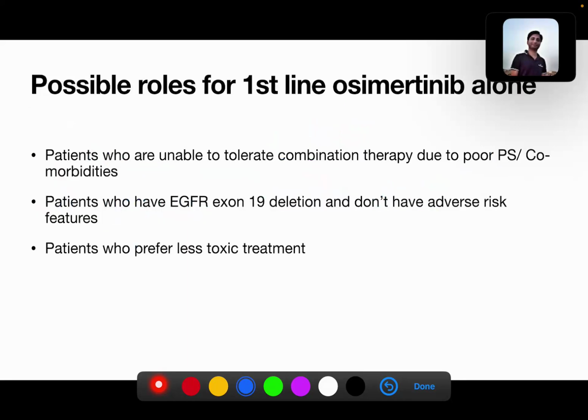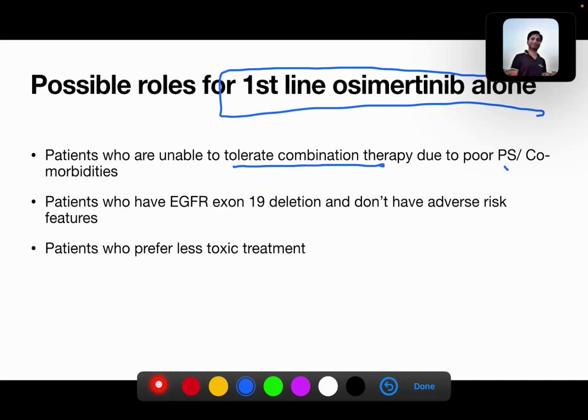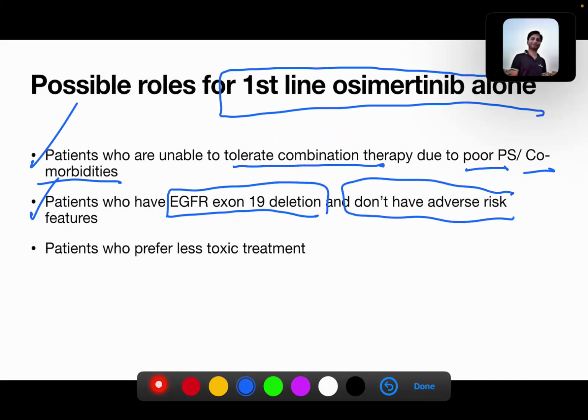So what is the possible role for osimertinib alone in the current era? Osimertinib alone can still be given for patients who are unable to tolerate combination therapy due to poor PS, comorbidities, etc. Those patients you can consider osimertinib alone. For patients who have exon 19 deletion mutation, which has a better prognosis compared to L858R, and don't have other adverse risk features, you can still consider osimertinib alone.